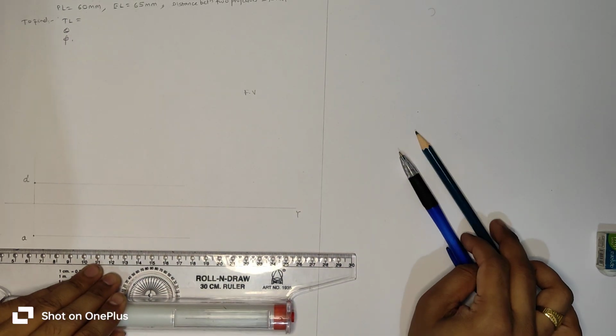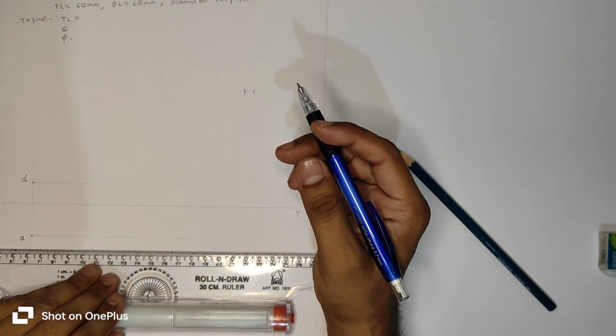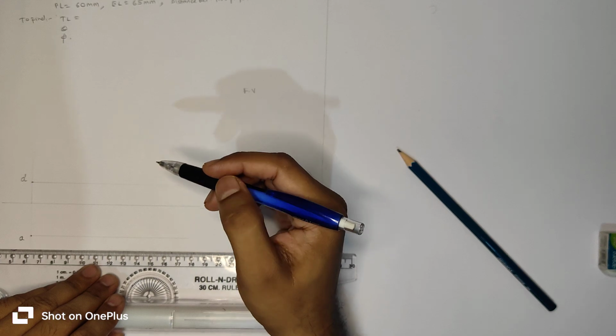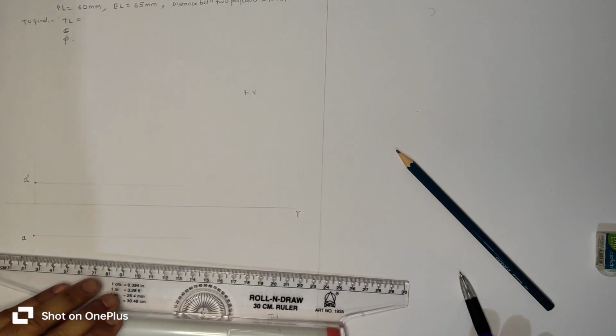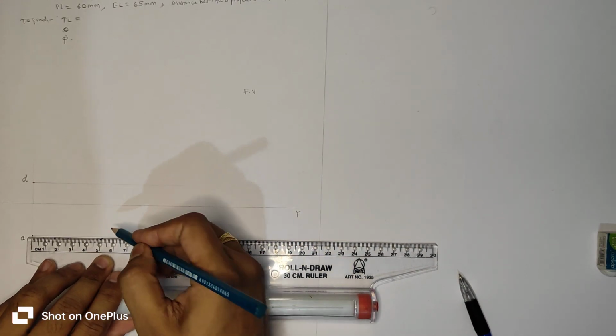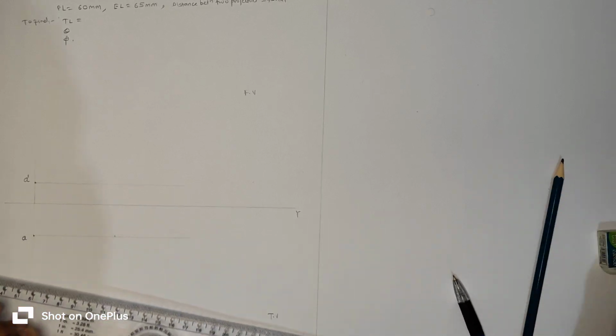So this is a baseline. The plan length is 60 mm, meaning top view, right? So take 60 mm on this baseline in top view, and draw an arc of 60 mm.